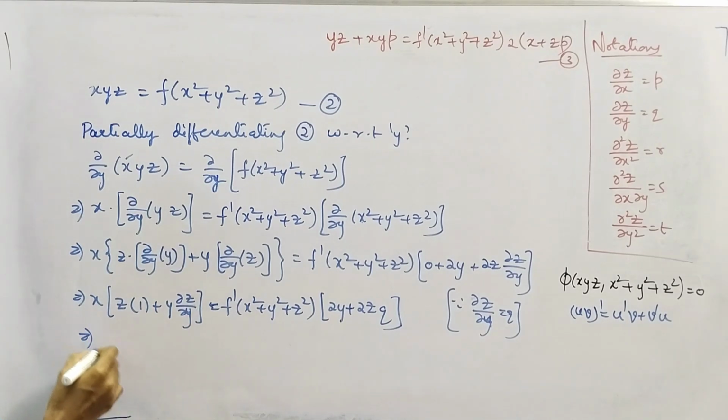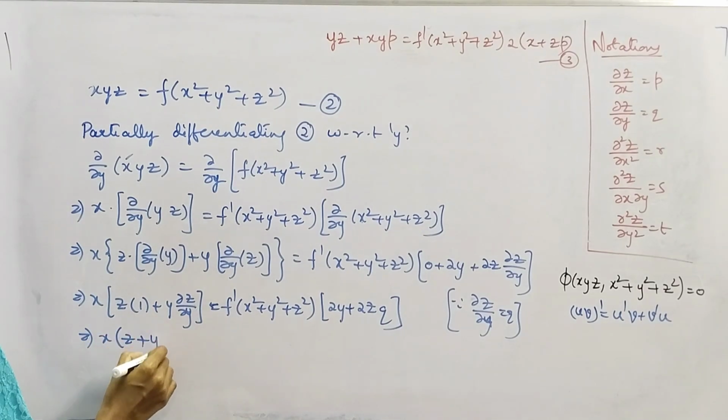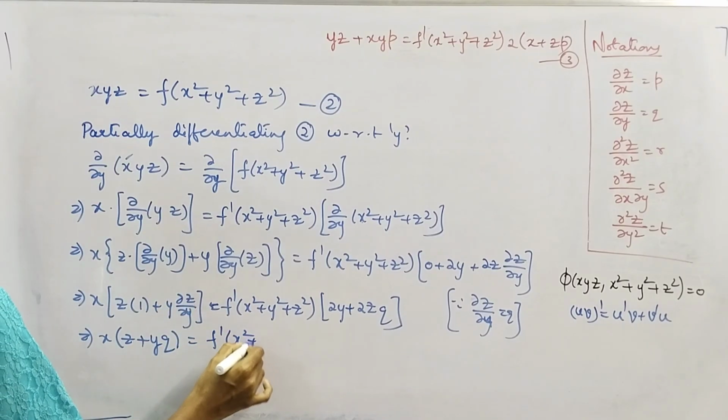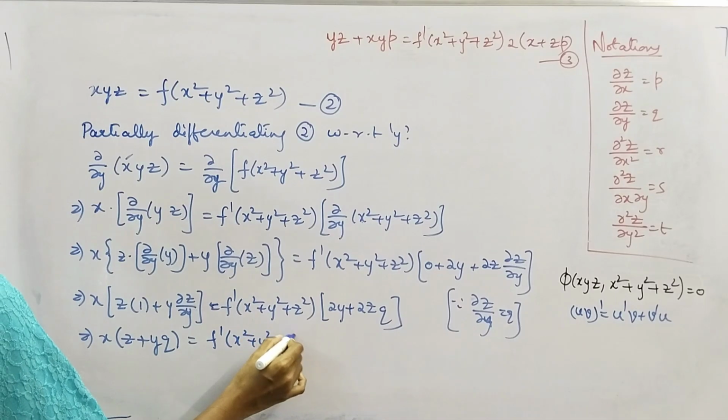This gives us x times z into 1, that is xz, plus y into q, that is yq, equal to f dash of x square plus y square plus z square.